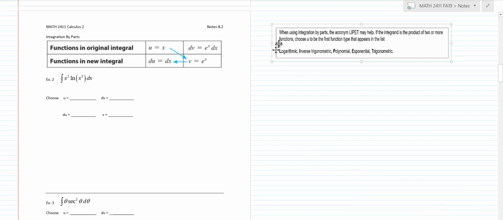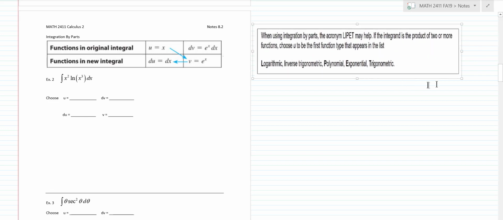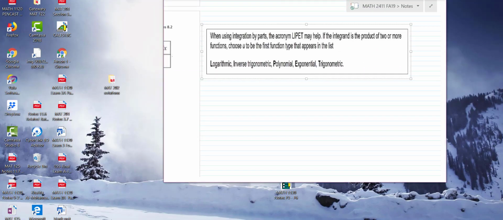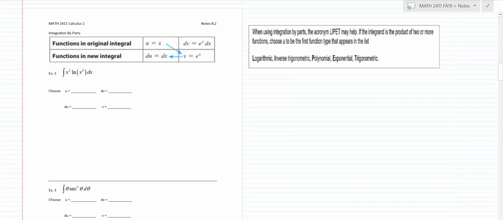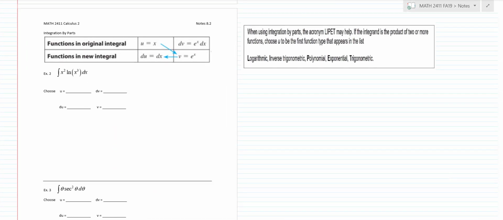Now I wanted to post this. This is sort of a guideline for how you can do integration by parts. So a lot of times textbooks will have this. Our textbook has this in this. Okay, so there's this statement, LIPET, if you prefer.